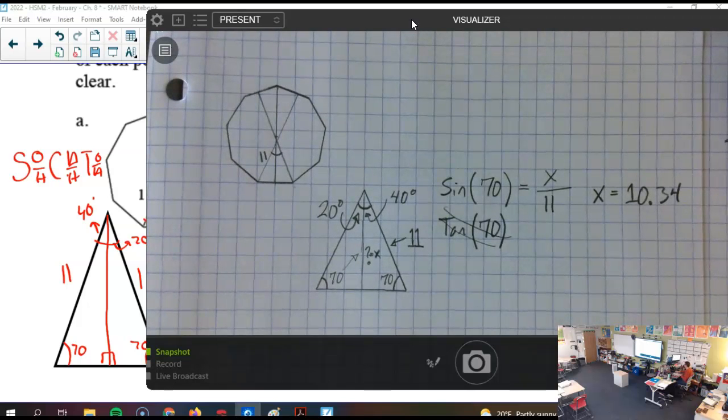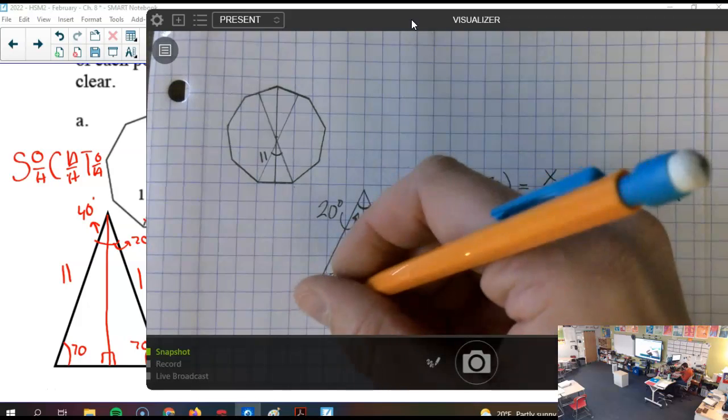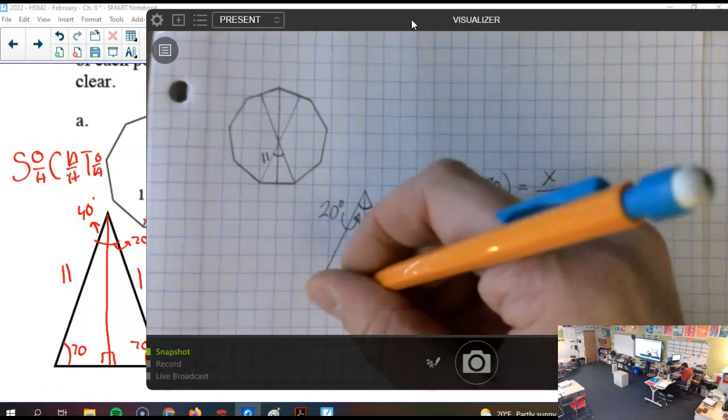Okay. And then is that all we need to solve? No. Well, if we're trying to find area, you tell me. No, it's not. Okay. What else do we need to do then? You need to solve for y. Why is that?